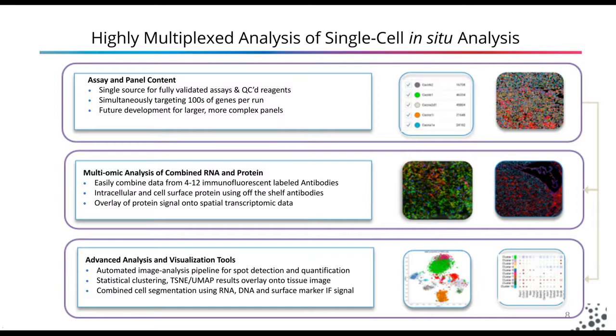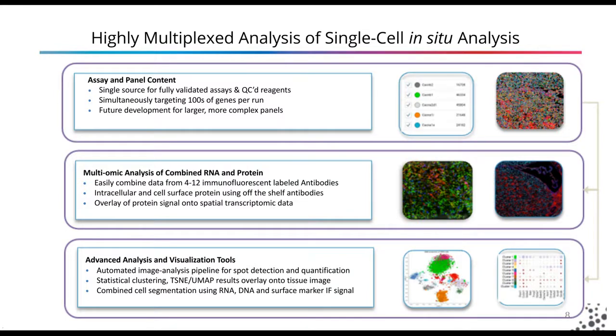Additionally, this platform is able to do multi-omic capabilities with the ability to add protein targets, immunofluorescent protein targets, to your spatial RNA analysis, and then overlay and combine that transcriptomic and protein analysis into an individual experiment.